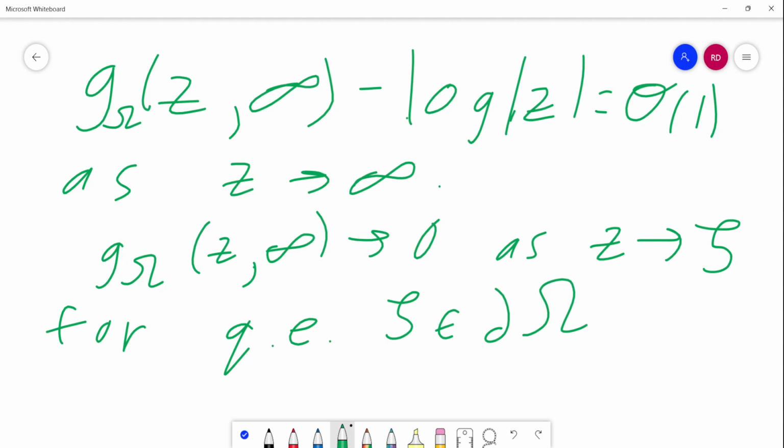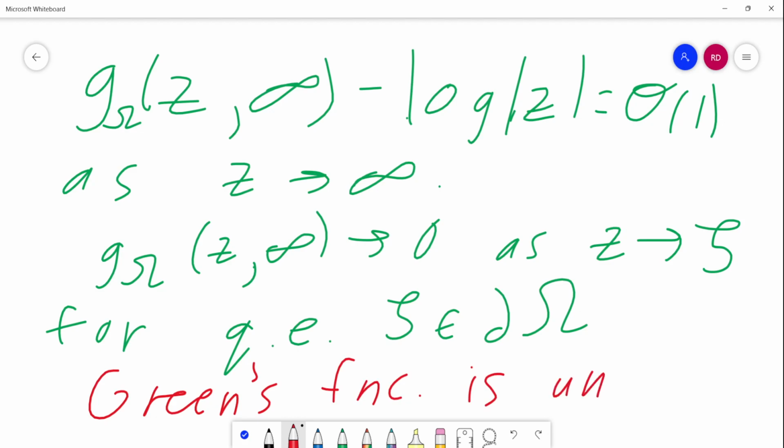So those are three criteria, and what we're going to show first is that the Green's function is unique. By that I mean that if we can find a function that satisfies these three criteria, then it is the Green's function. There are not two different functions that both satisfy this.